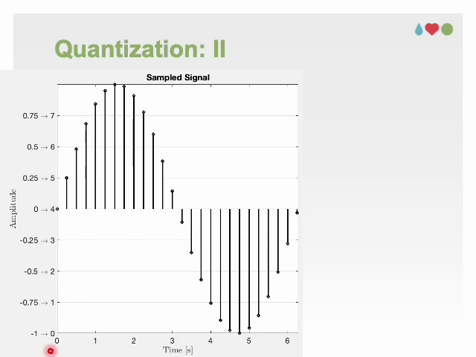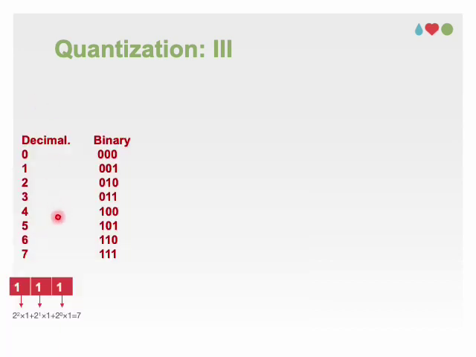Our ultimate goal is getting to a digital signal with just 0 and 1. We apply the second mapping by converting the decimal integers to the corresponding binary values for our 3-bit ADC. Just to remind you, this table contains the transformation between decimal values and binary codes.